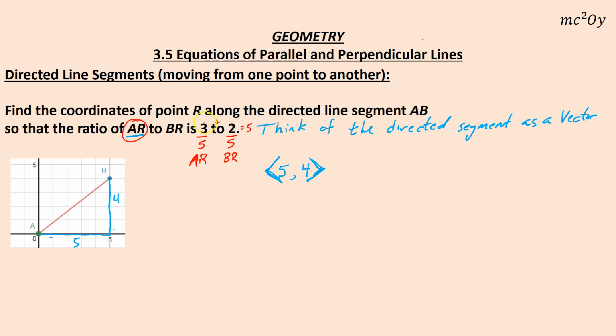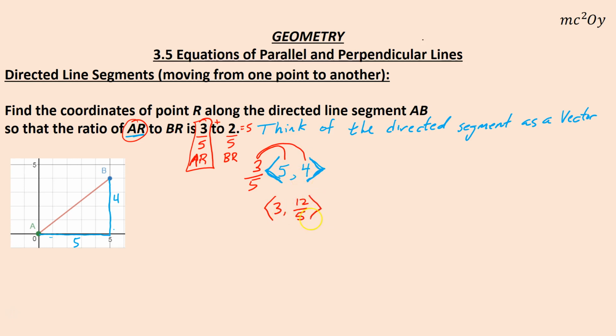I'm going to take that 3/5 because it starts at point A and it goes to point R, and I'm going to multiply my vector by 3/5. So 3/5 of 5, well, that's 3 times 5 divided by 5, or 3. And 3/5 of 4, well, that's 3 times 4 is 12 divided by 5, or 12/5.